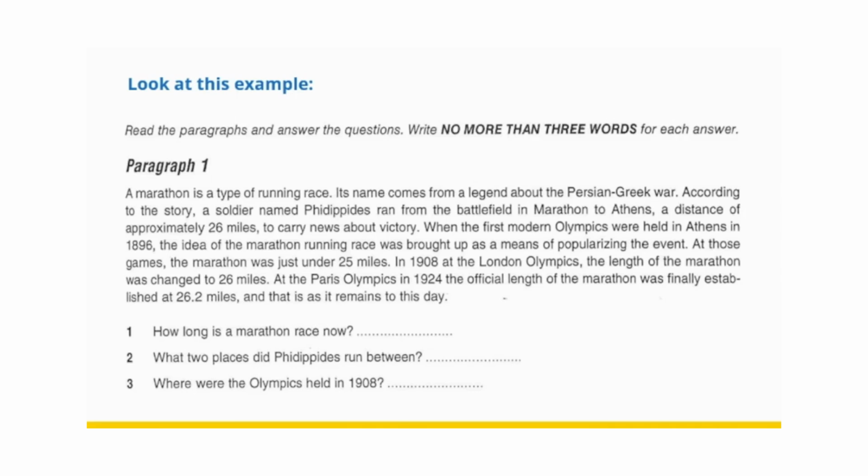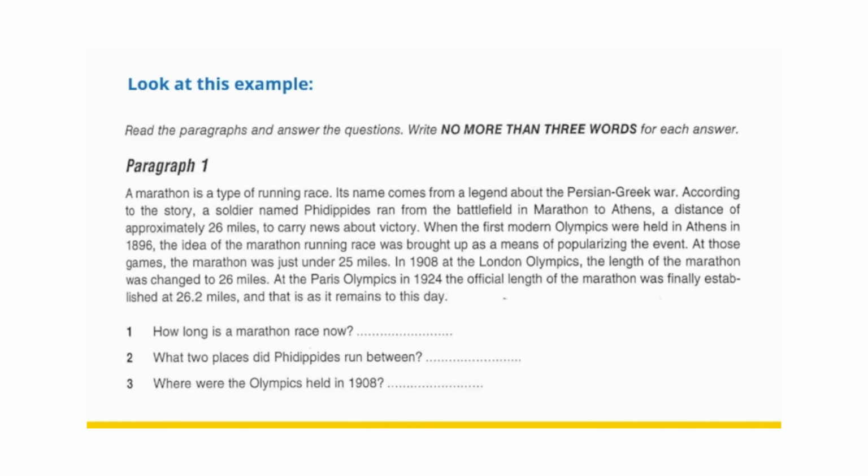Number 2, what 2 places did Philippides run between? What 2 places is a specific name for places. And the last question we have, where was the Olympics held in 1908? In this case, where is going to be a place, similar to number 2. When you have this type of question, you do not need to read the entire passage.